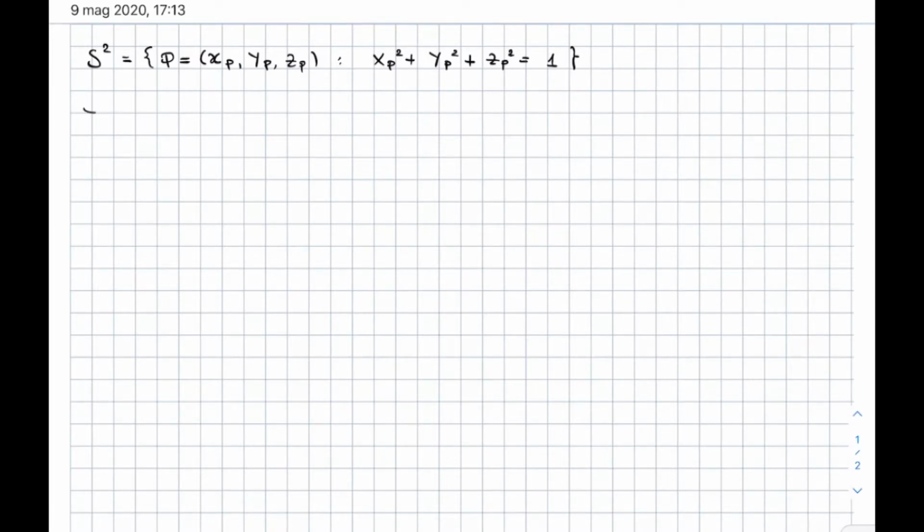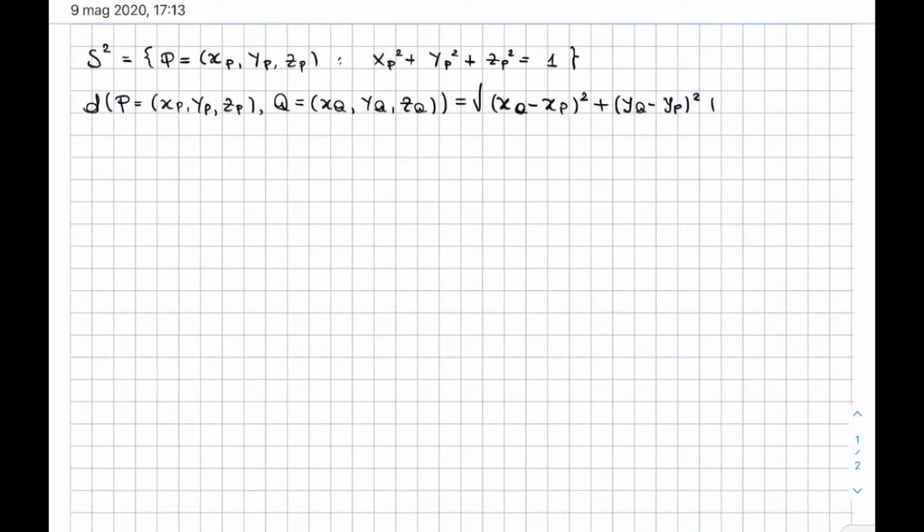The first distance, which we call d, between a point P of coordinates xp, yp, zp, and a point Q of coordinates xq, yq, zq, is given by the square root of (xq minus xp) squared plus (yq minus yp) squared plus (zq minus zp) squared. And this is the distance the sphere inherits from the space.